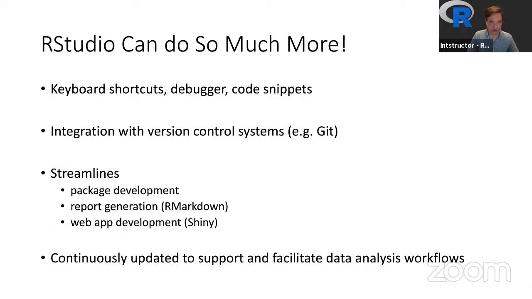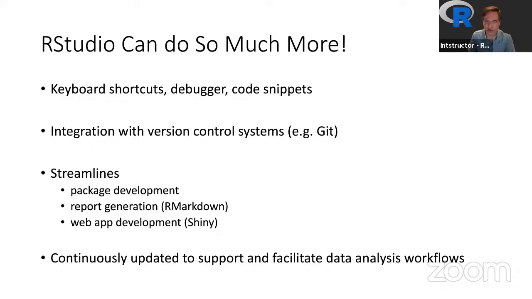Just real quickly, RStudio can do a lot more than just execute code. There are all kinds of keyboard shortcuts. We can look at those in a little bit, but keyboard shortcuts really make working with R much easier. There's a debugger. There are code snippets, so you can type short little keyboard codes, and it will expand out to type a bunch of code for you automatically.